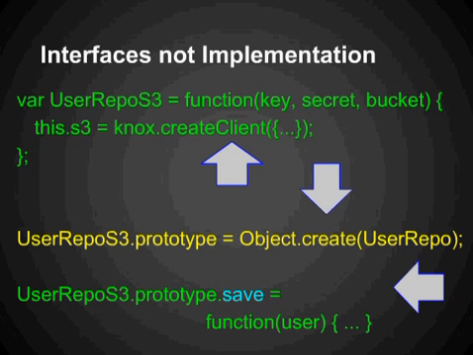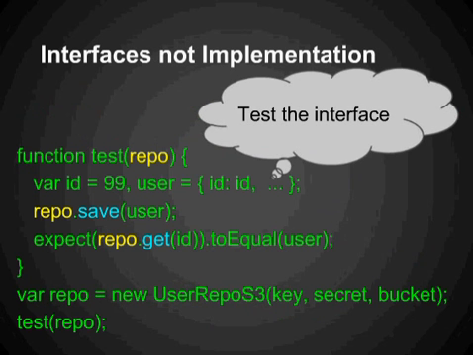And because my application and my tests have just been programmed to use the user repo interface and not the implementation, I could just swap out, when I'm ready, my Redis implementation for my S3 implementation, and my application is not going to know the difference. It's the same difference. Now I have a nice loosely coupled system where I was very easily able to swap out my Redis data store implementation for my S3 data store implementation, and nobody's the wiser.